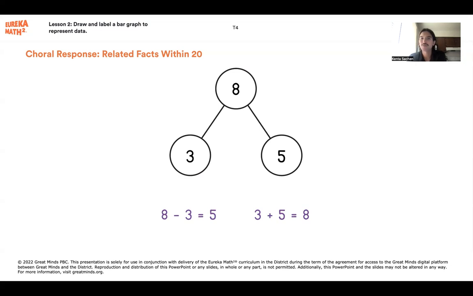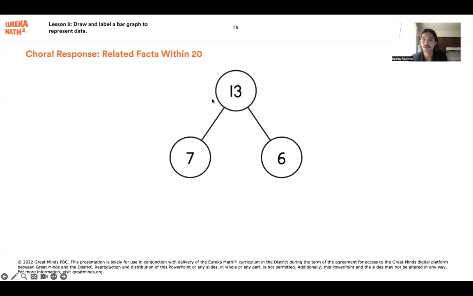Great. Now, what's a different subtraction problem I can write? Instead of 8 minus 3, I can do 8 minus 5 equals 3. Very good. Now, how about a different addition problem? Instead of 3 plus 5, I can do 5 plus 3 equals 8. Nice work.